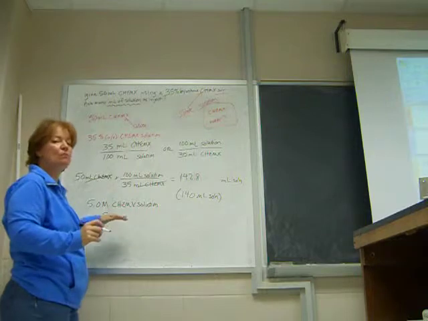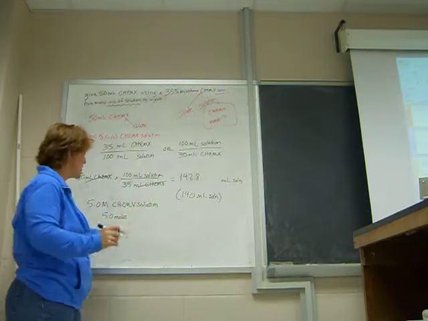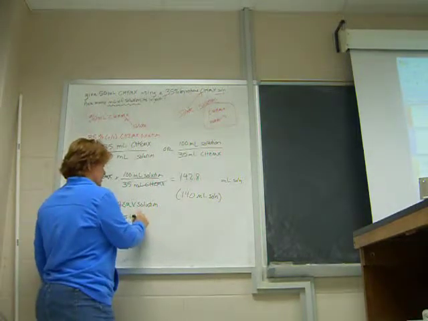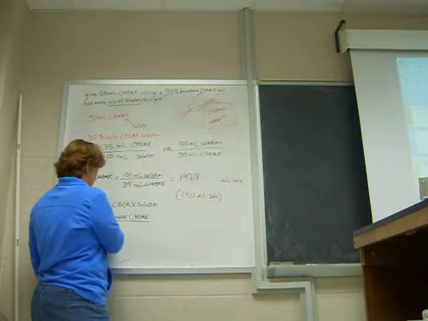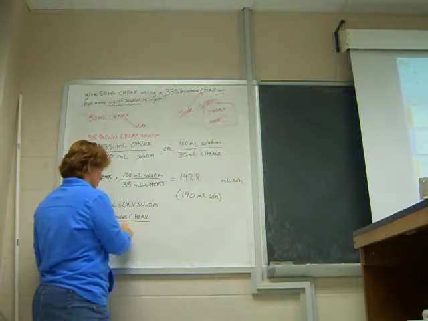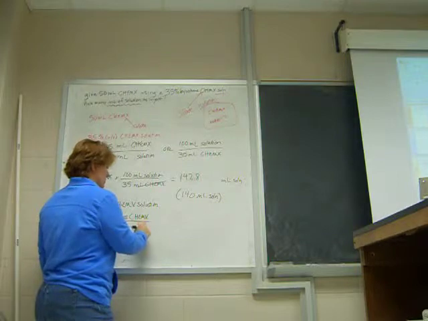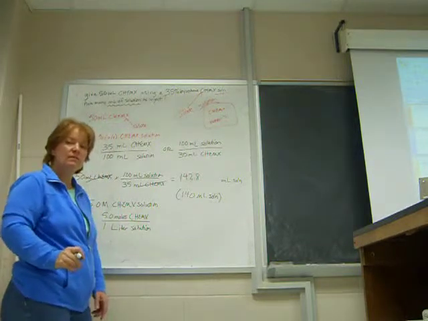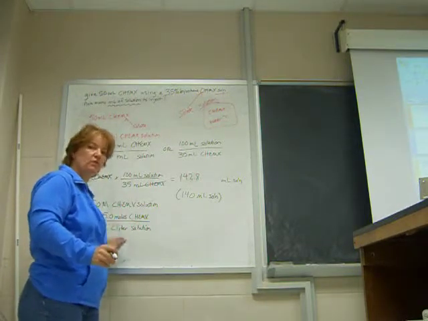Again, molarity is moles of solute, in this case the solute is Chemex, per 1 liter of solution. Because molarity is defined as the moles of solute per liter of solution.